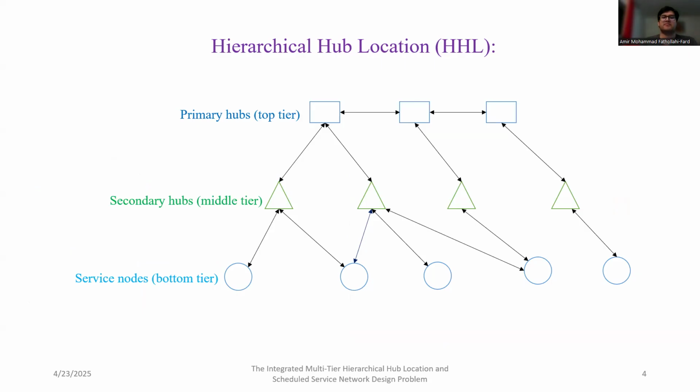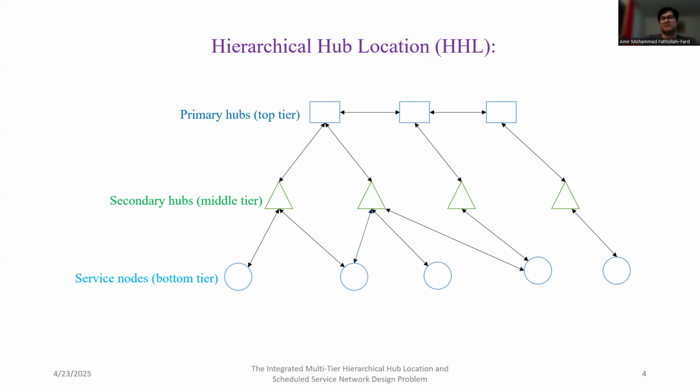We have the service nodes, which can be considered as the location of the customers or the location where we have consolidated the demands at the service nodes. And then we transport the consolidated demands from service nodes to secondary hubs and primary hubs.